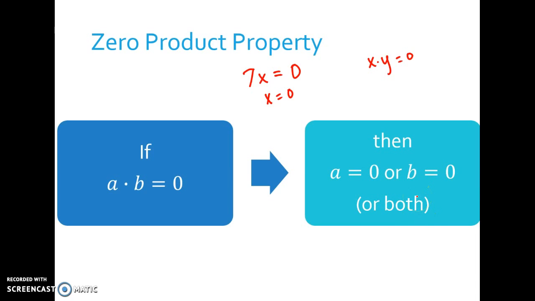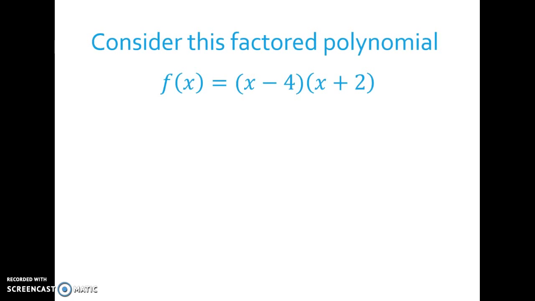Without that property, this factored form of a polynomial would not be so easy. But with that property, here's a factored form of a polynomial. What factored means is that it's written as a product, so it's x minus 4 times x plus 2. We want to know for what x does f of x equal 0?